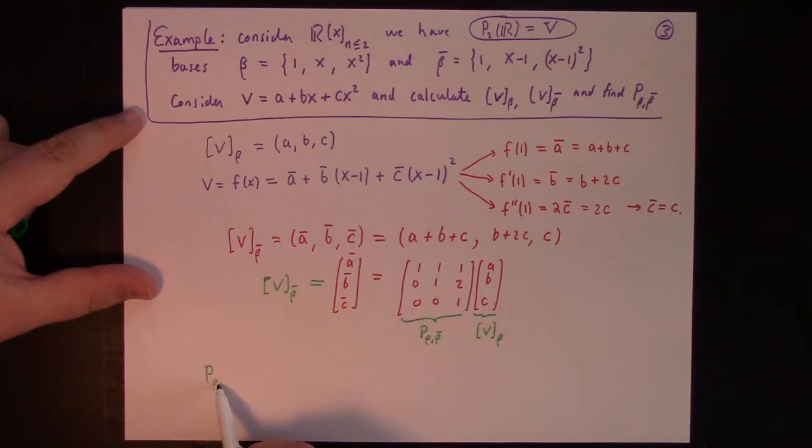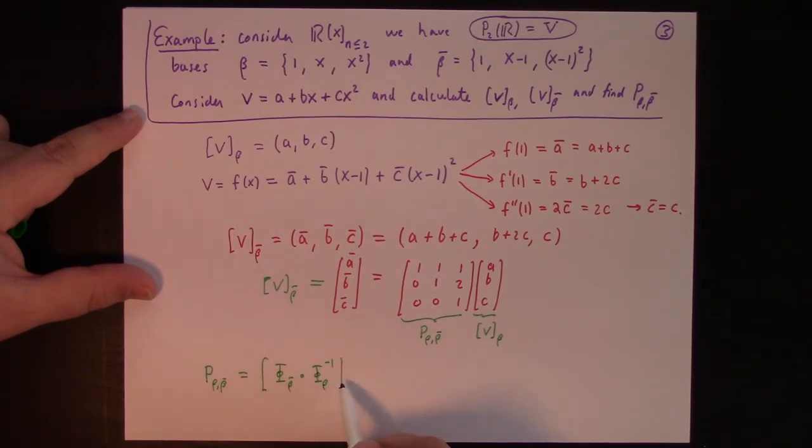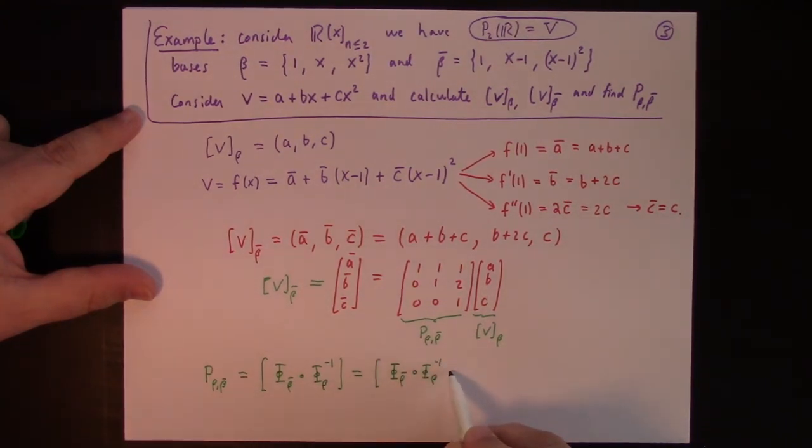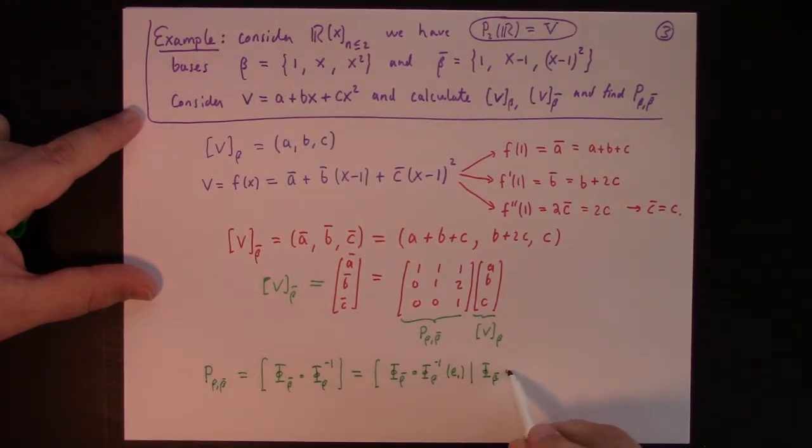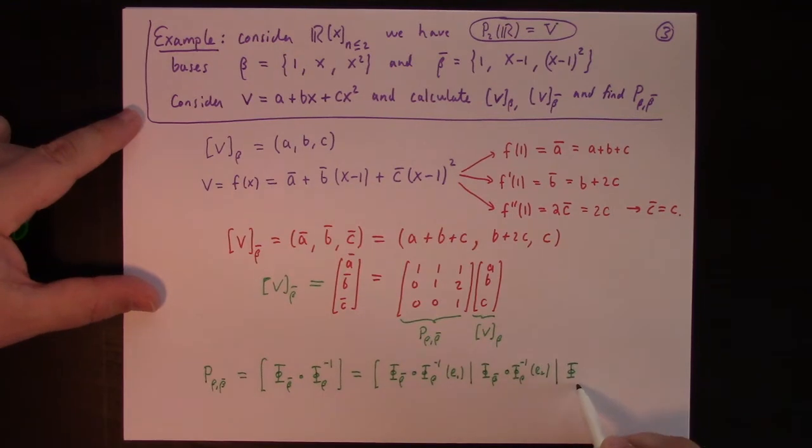which was that P beta beta bar, that matrix, was the standard matrix of phi beta bar composed with phi beta inverse. We're looking at a three-dimensional space, so what is that? To get the first column, we feed it phi beta inverse of E1, sorry about the crying. To get the second column, we feed it E2, and to get the third column, we feed it E3.